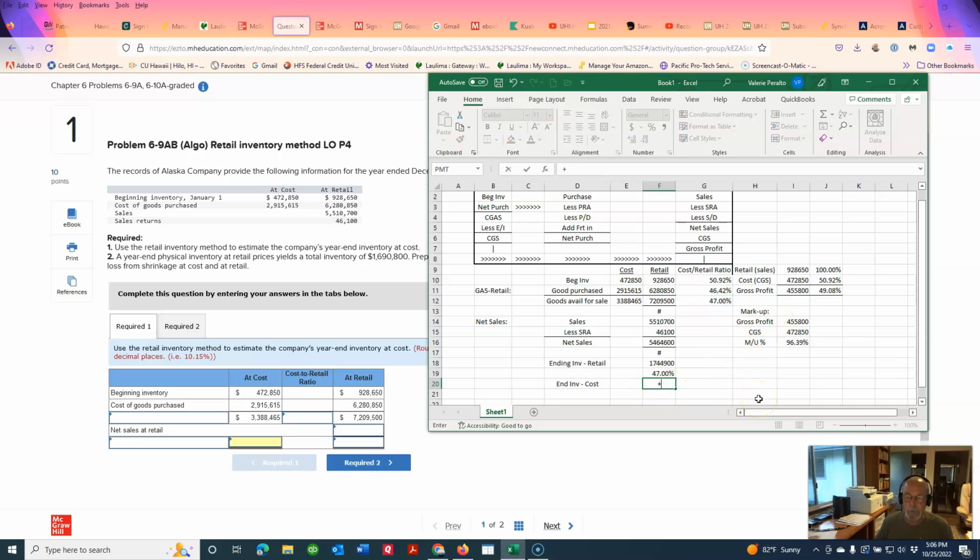So if we take our ending inventory at retail and multiply by our cost ratio, it gives us our ending inventory at cost, and we want to emphasize that this is an estimated ending inventory at cost using the retail method.